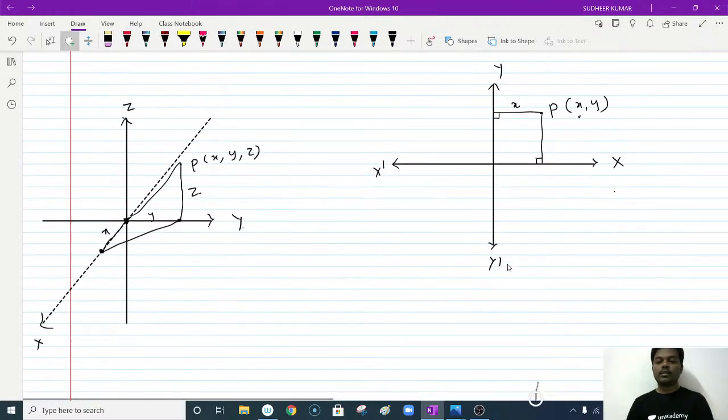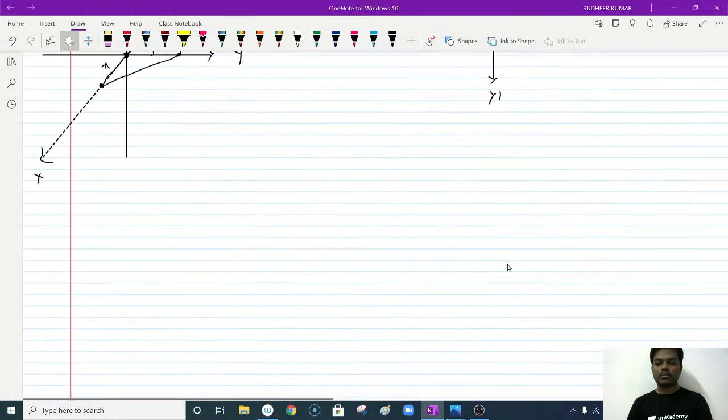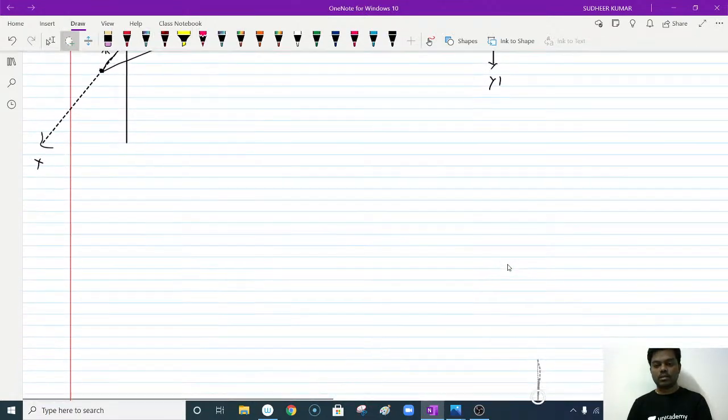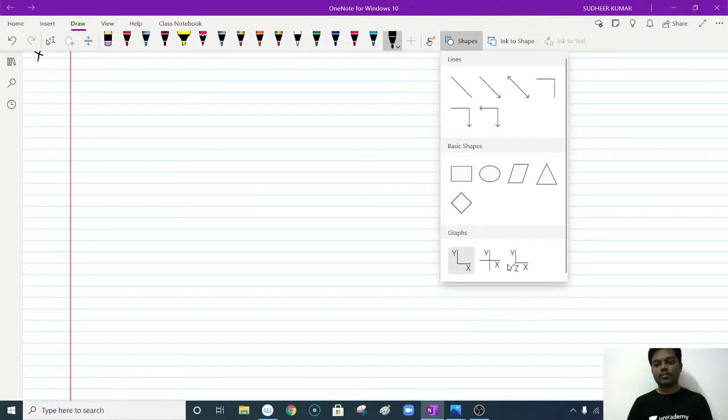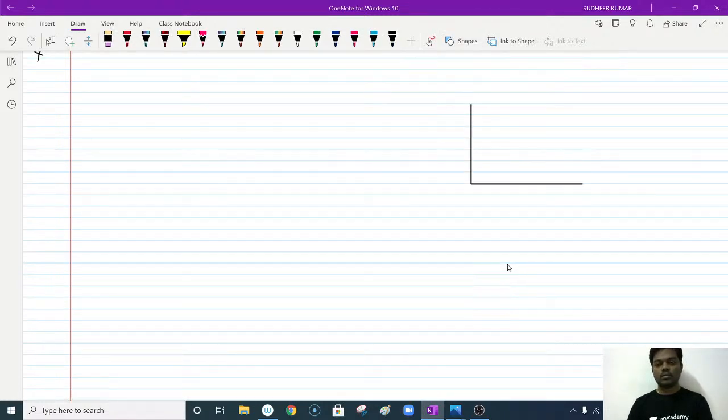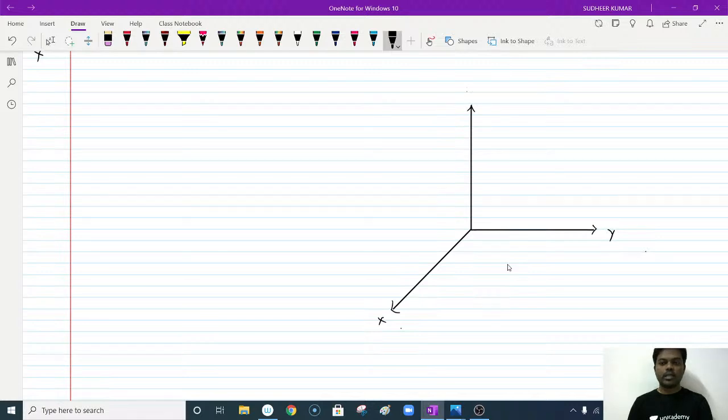Now let us take, if we draw a line, let us draw the third axis also. So we'll consider this as x-axis, this is y-axis, and this is z-axis, right?